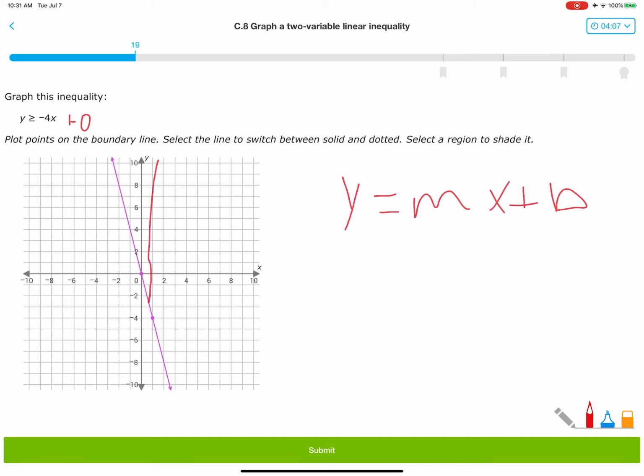If we are going up the line, it would go this way. Going down the line, it's this way. So that's down, and that's up. So we would shade up because it is greater.